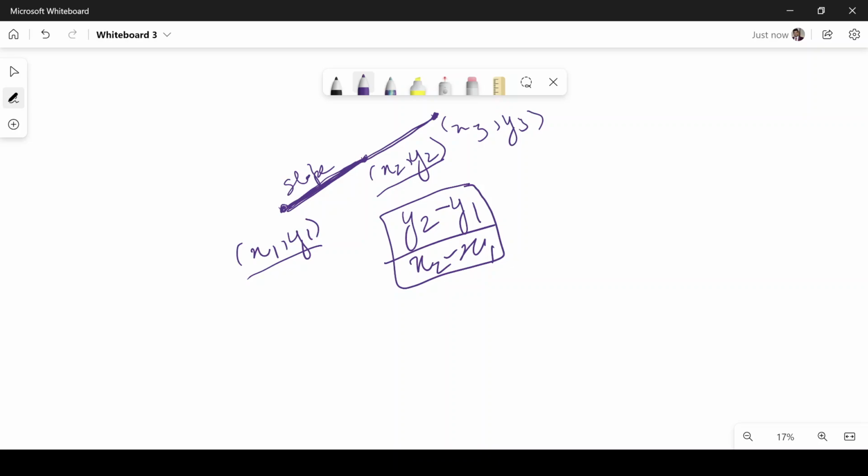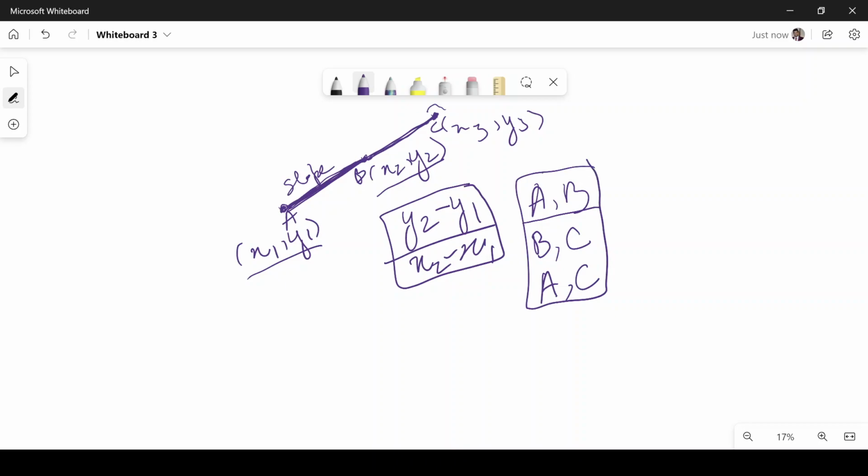Let's denote the points by point A, point B, point C. So we can calculate the slope of the line using points A and B, or using points B and C, or using points A and C. The values will be the same because all the points lie on a single line.